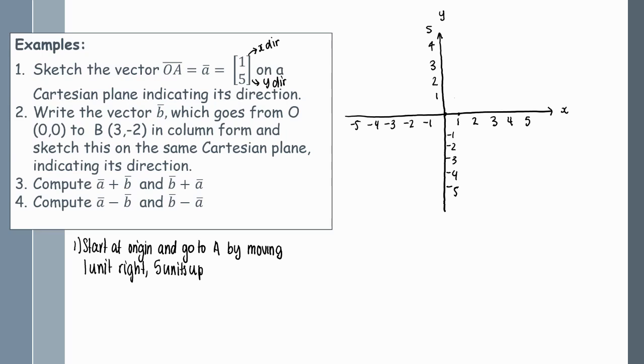Always remember to put your arrow in: 1 unit across, 5 units up, and my vector will end up finishing at the point 1, 5. And always label your vector, and if you can, the ending point.